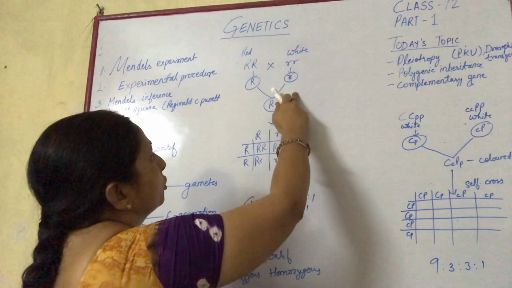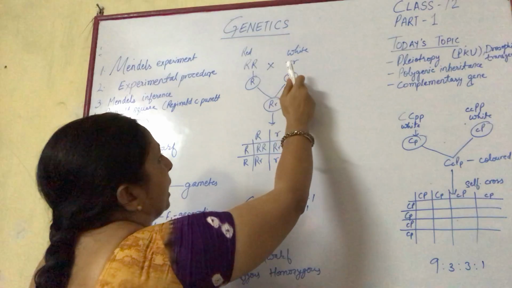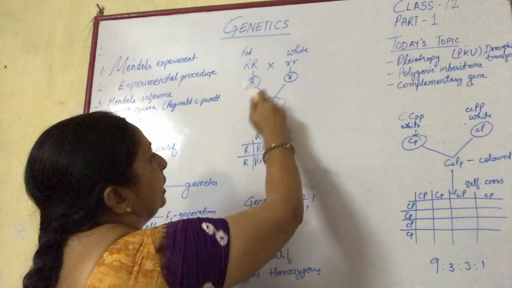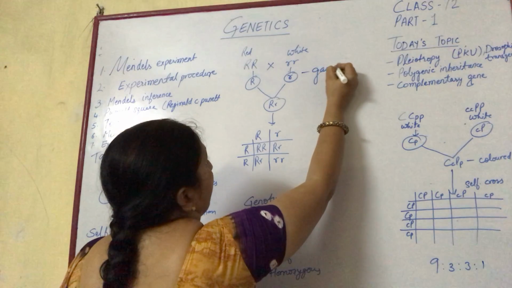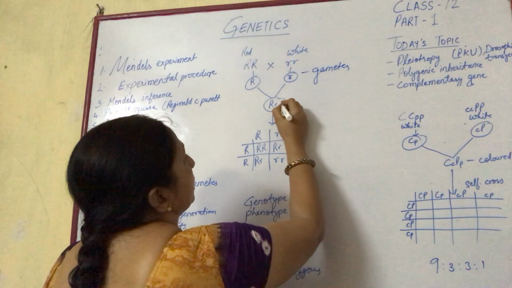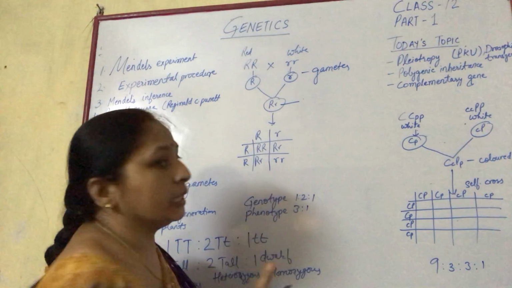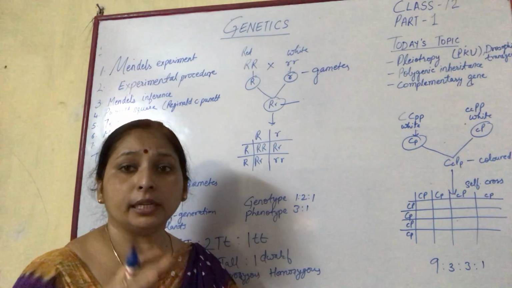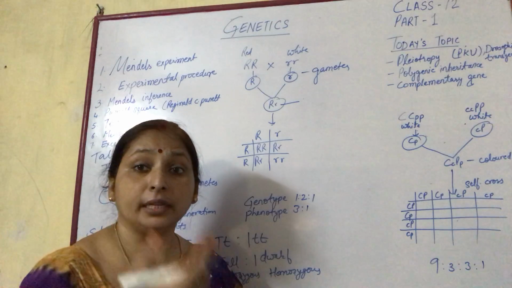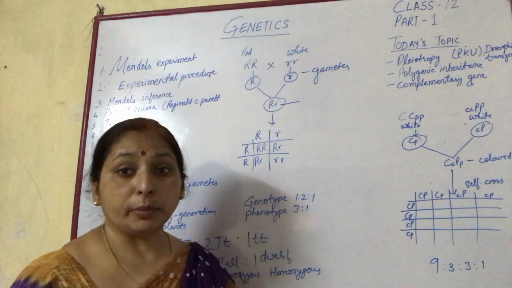When these two are crossed, the gametes are capital R and small r, and in the first generation this should be a red colored flower according to Mendel's experiments.